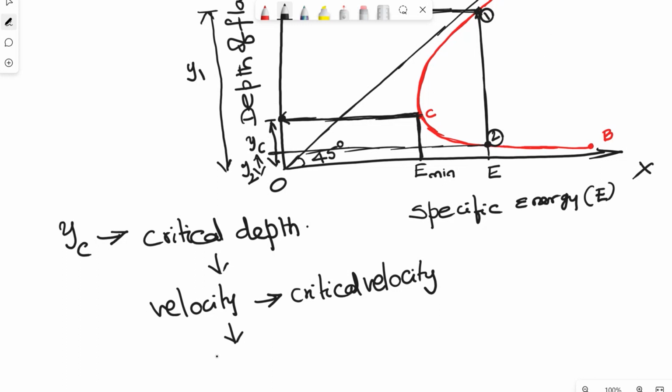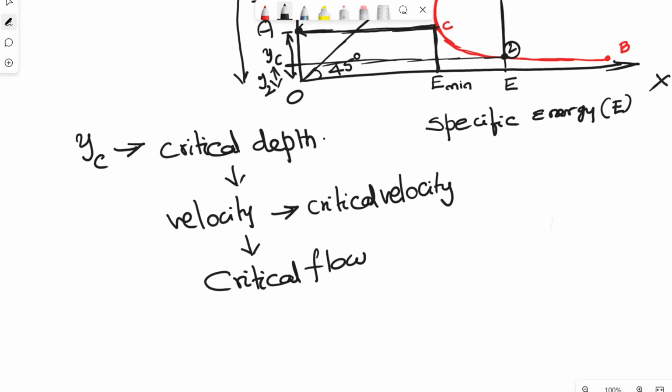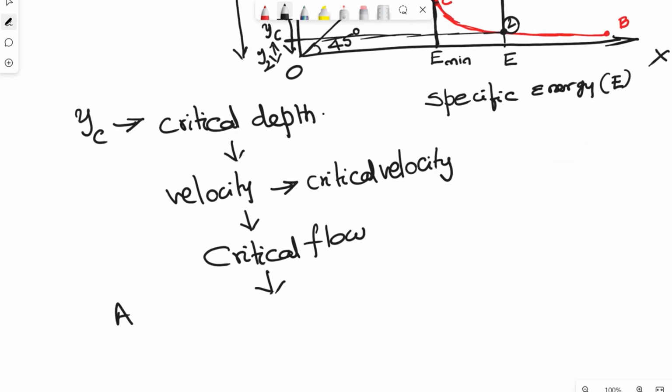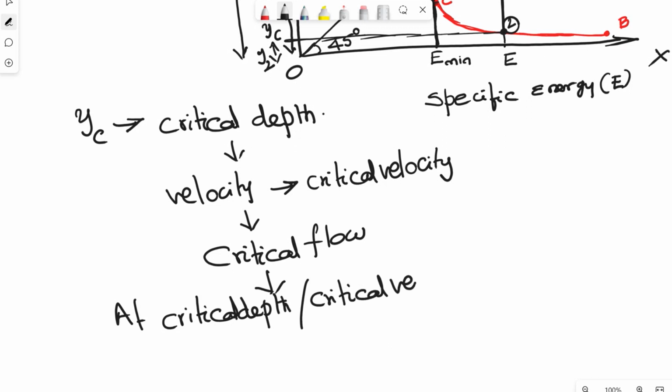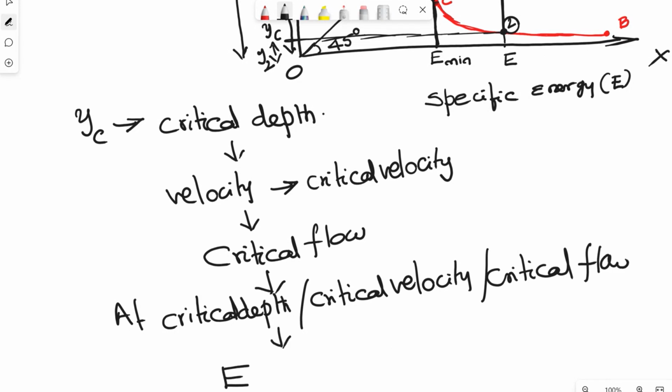The flow is called critical flow. And at critical depth, or critical velocity, or critical flow, the specific energy E is minimum. This is the first conclusion.